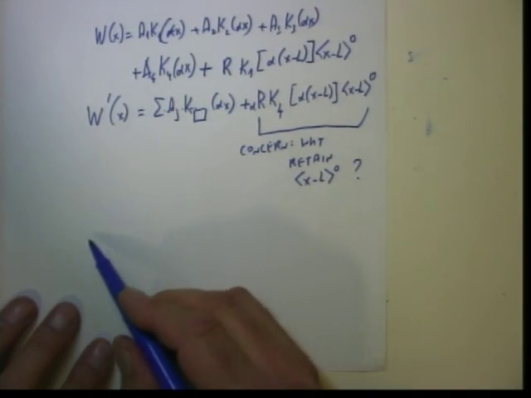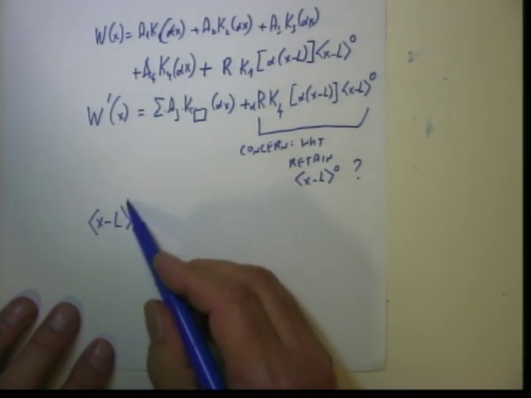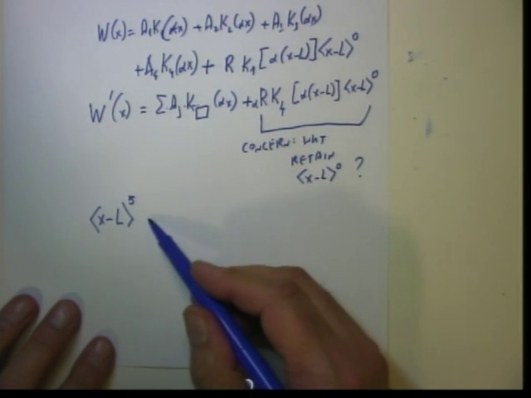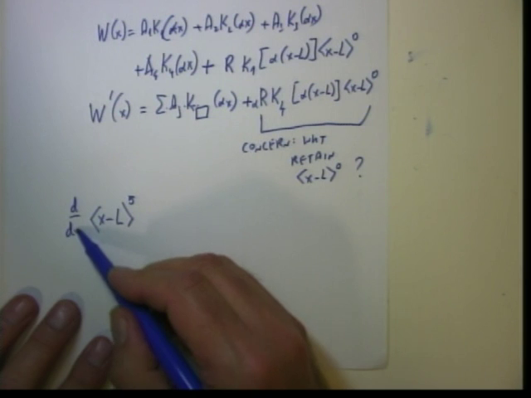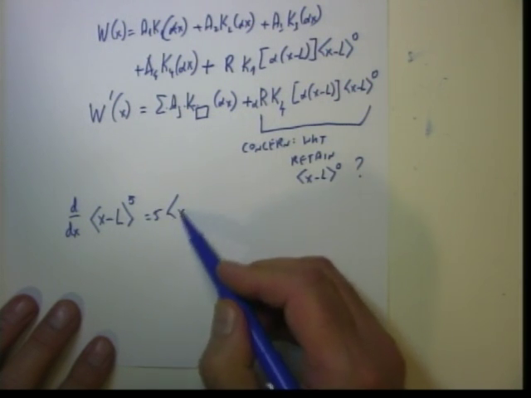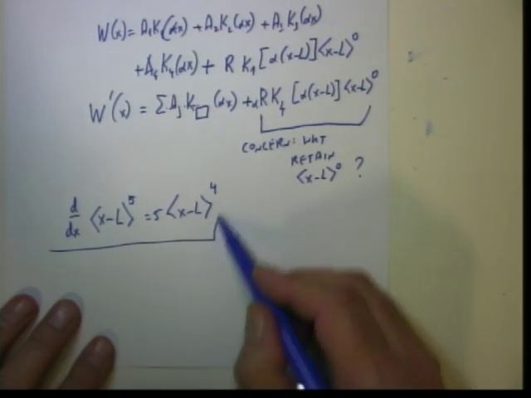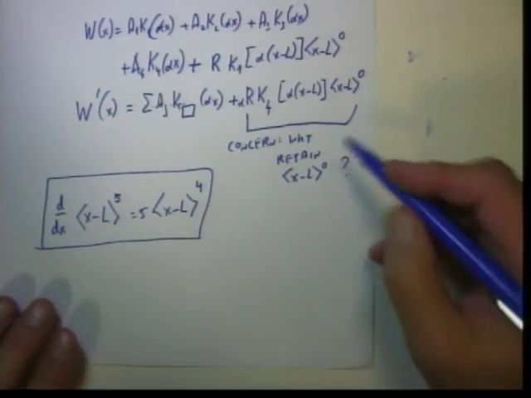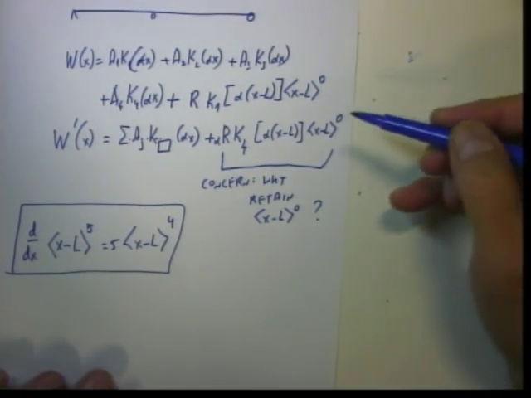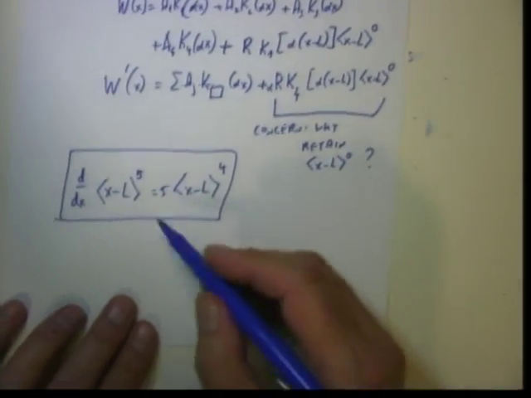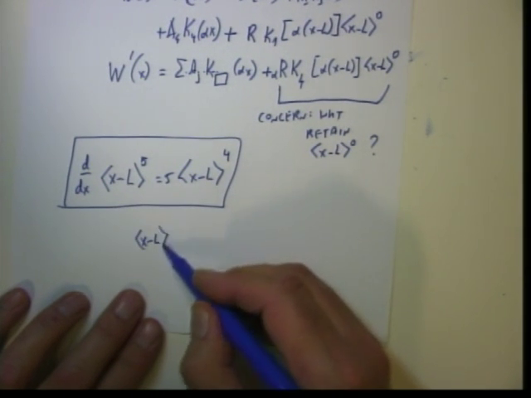But let us imagine that we have x minus L in fifth power. So that is what we taught in strengths of materials. And we said that the derivative of this, d/dx, equals 5 times x minus L in fourth power. So what he wanted actually, the student, I assume, he wanted us to differentiate it as a product maybe, or something like that. Why? But here also actually we write down what this x minus L in fifth power is.